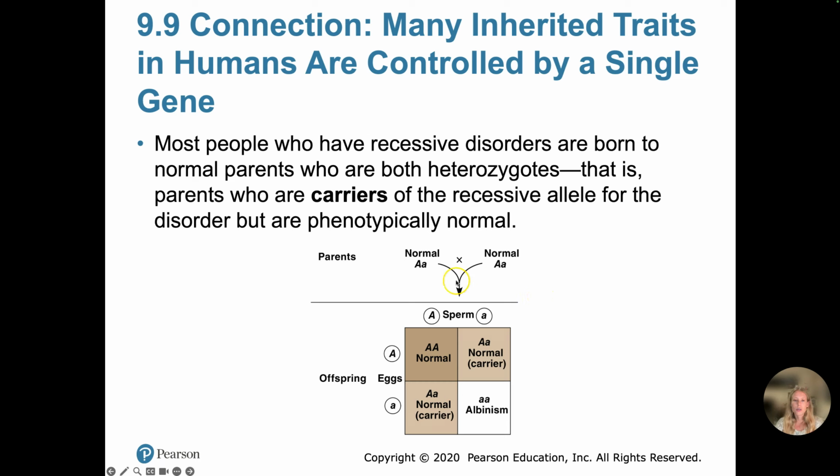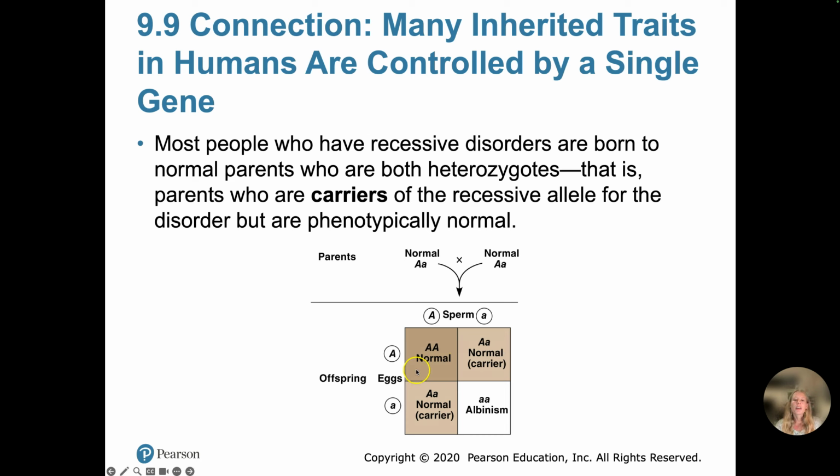So this shows, we'll say, two parents who carry the albinism gene. The capital A is normal pigment, and the lowercase a is the albinism gene. If we have two heterozygotes that have a kid, they have a 25% chance, or a 1 in 4 chance, to have an albino child. They have a 50% chance to have a child that's a carrier like themselves of the albinism trait.